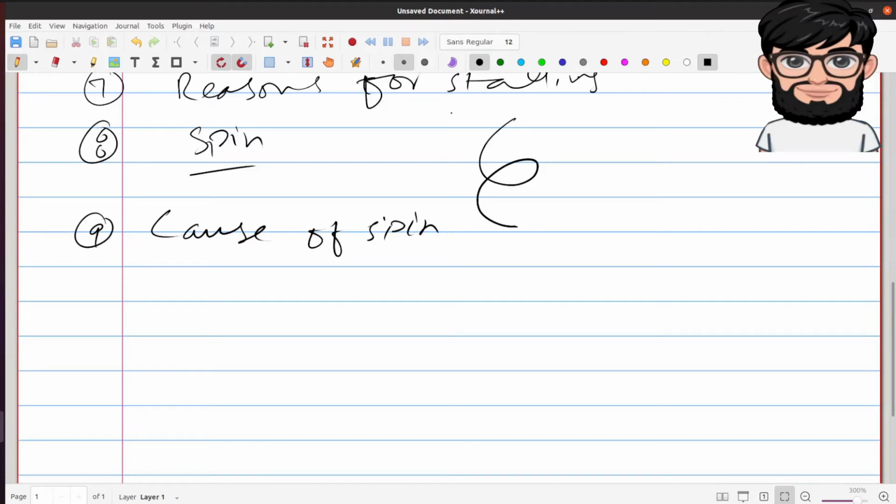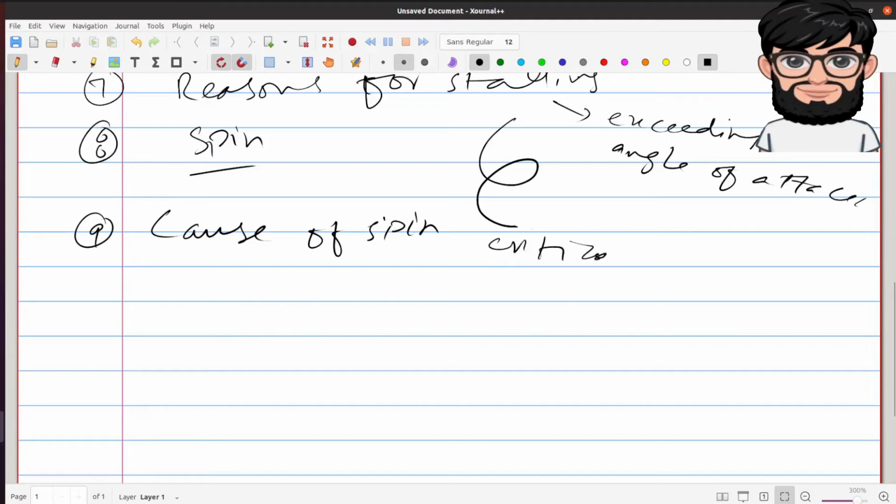It's the same thing, the critical angle of attack, but this time, at the same time, what you are doing is excessive or insufficient rudder use.